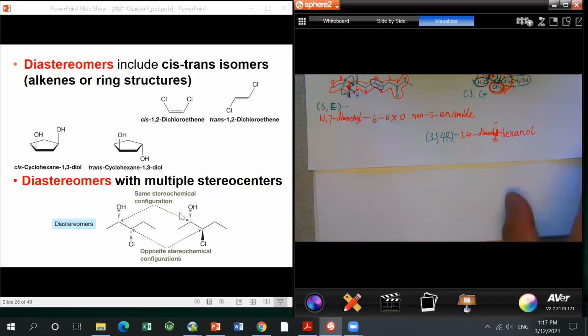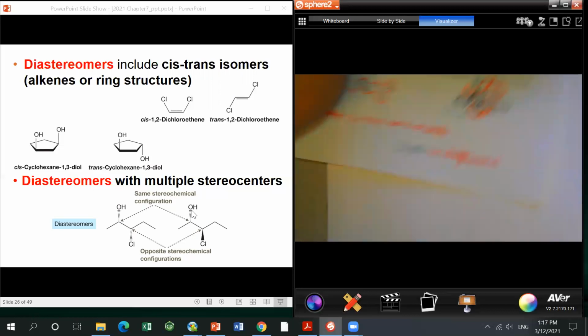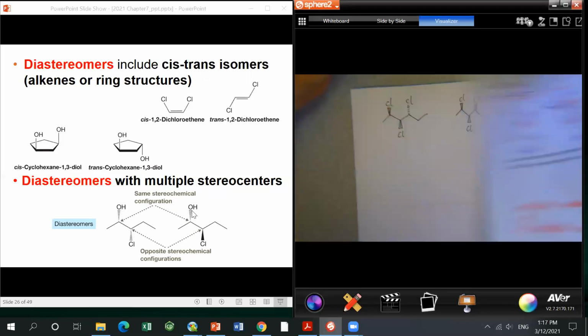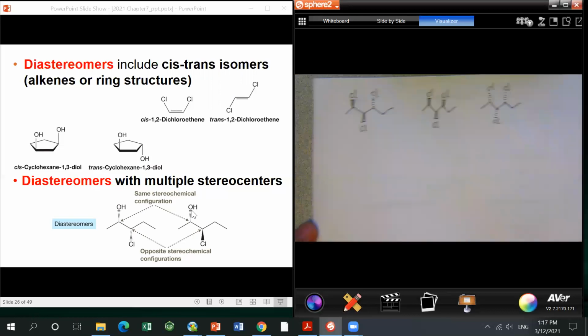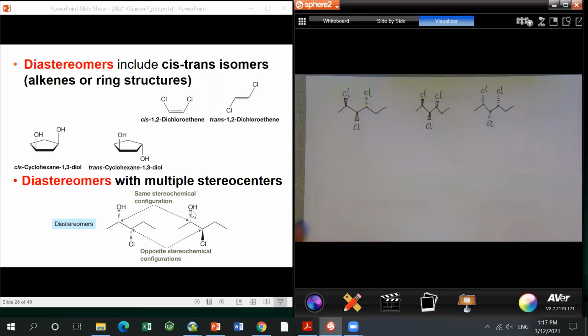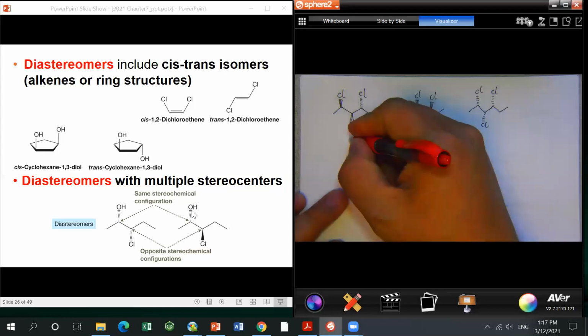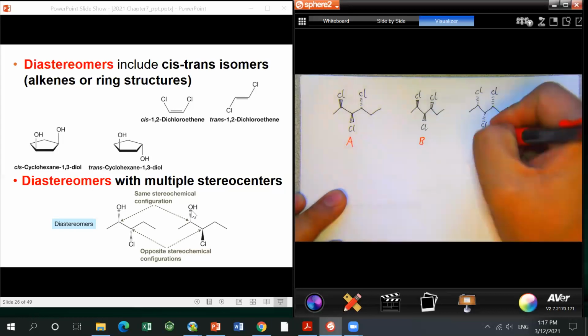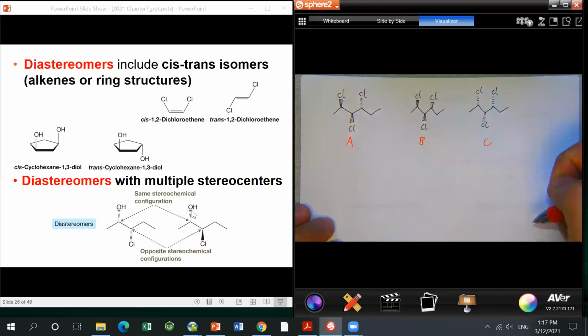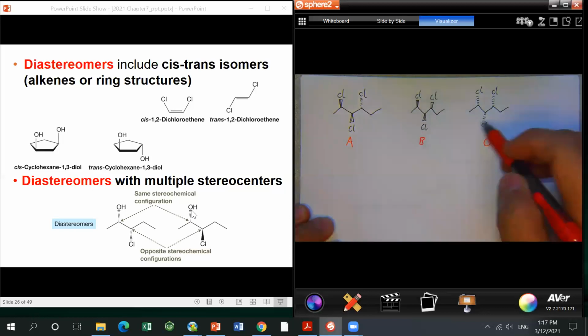Now we do a little bit of practice to help you understand enantiomers and diastereomers. We have these 3 molecules, A, B, C, and they are stereoisomers of each other.